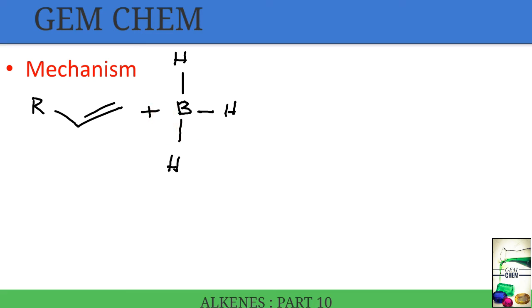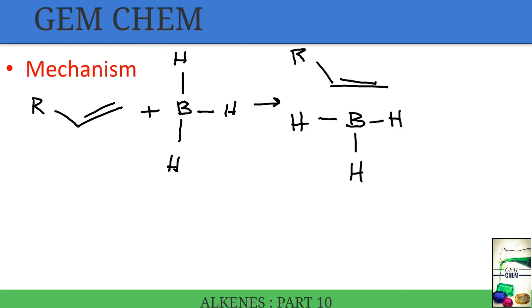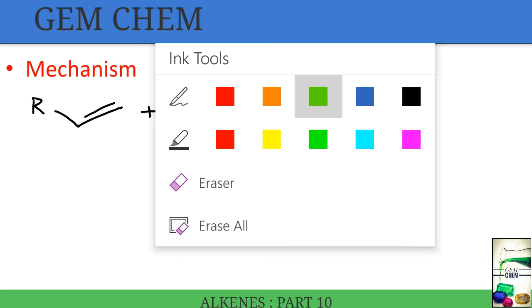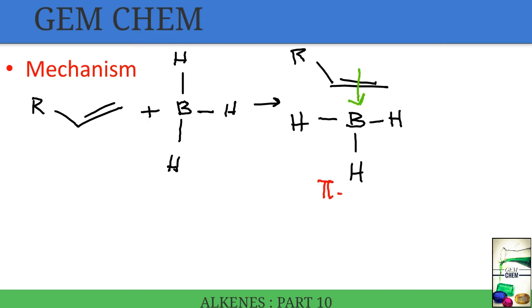So first, the alkene tries to donate its pi electrons, and during donation it forms a pi complex. We can write this as the pi complex.